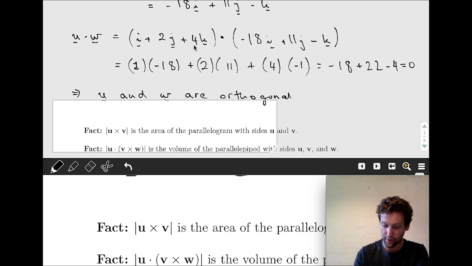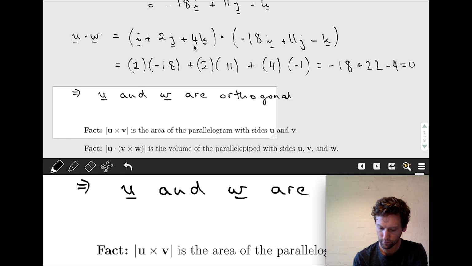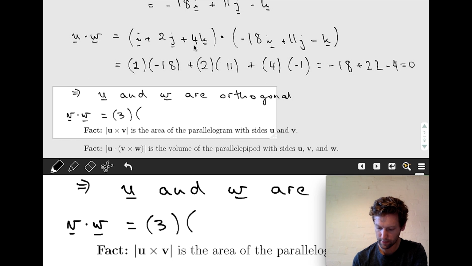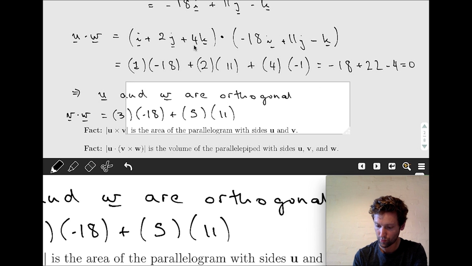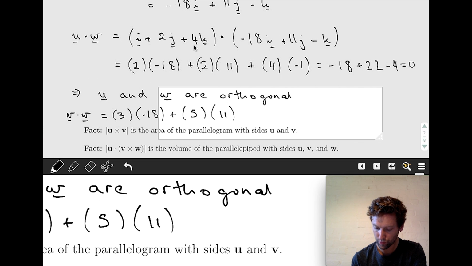Let's do the same now with v. So v dot w. v was given by 3, 5, 1. So I'm going to have 3 times 8 minus 18 plus 5 times 11 plus 1 times minus 1.